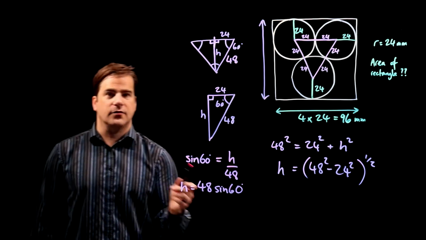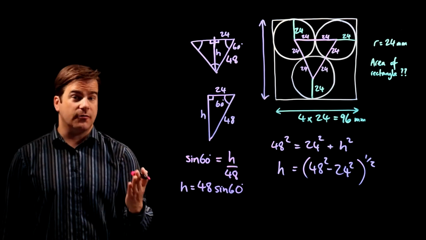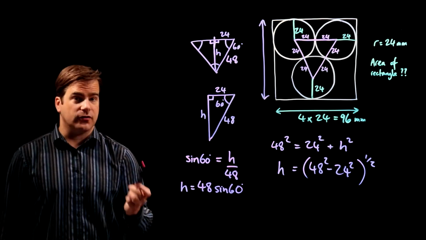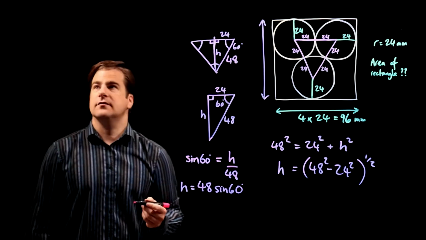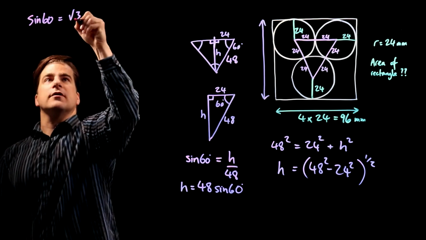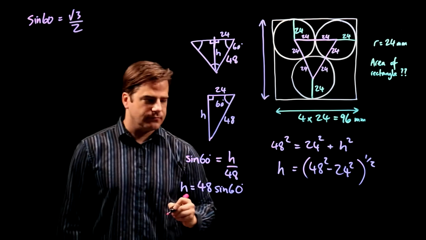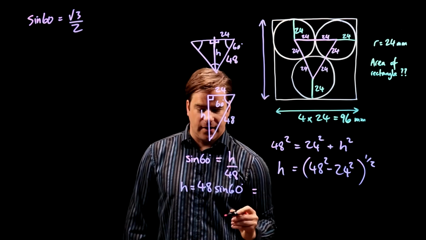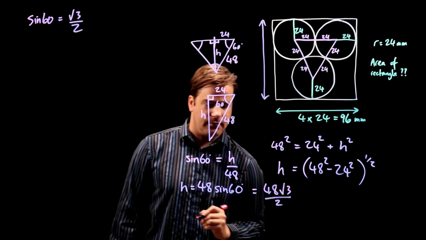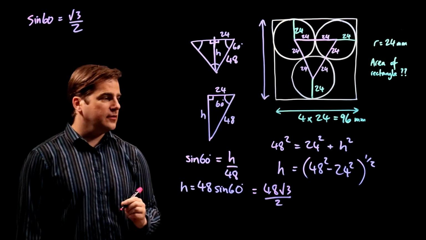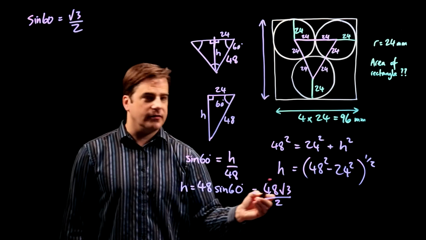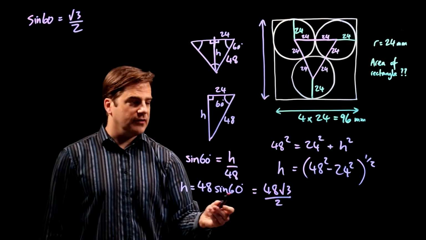Now sine 60 is one of those sine cos tans that you should know off by heart. Sine 60 is the same as cos 30, it's root 3 on 2. Remember that. So the height is 48 times root 3 over 2. That and that will turn out to be the same number. It doesn't matter how you do it, Pythag or sine cos tan.